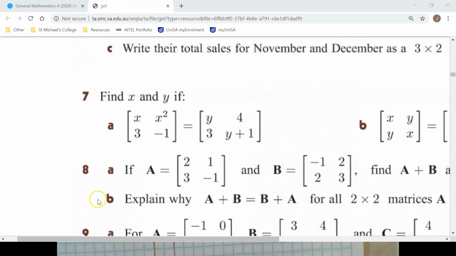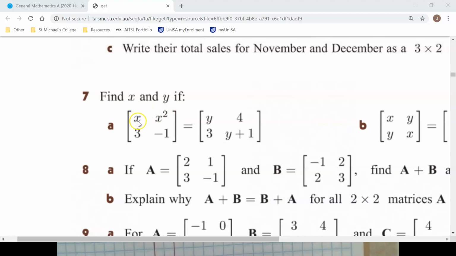So in question 7, our matrices have some unknown values x and y, and they want us to find the values of those unknowns. Basically, since they've told us this matrix is equal to this matrix here, we know that each of the elements in their positions are equal to each other.